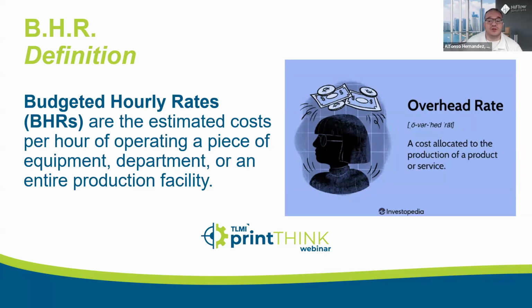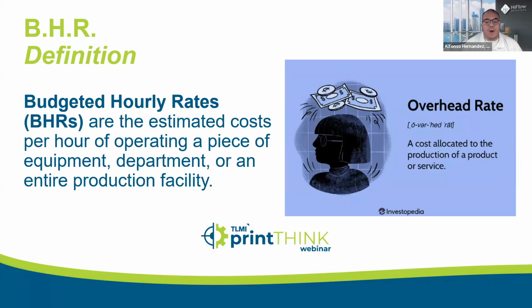In other words, BHR are the minimum amount you must charge for your production equipment and services in order to break even and recover your costs. It is basically a cost per hour to operate and maintain any of your production equipment, or it could be a service like handwork and so on.